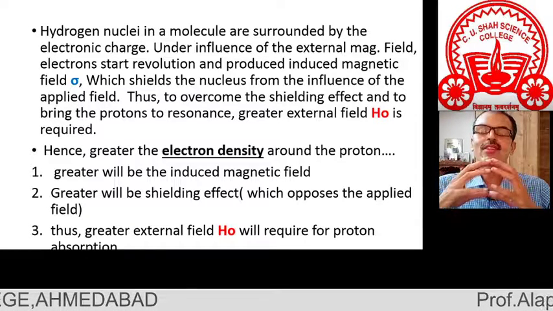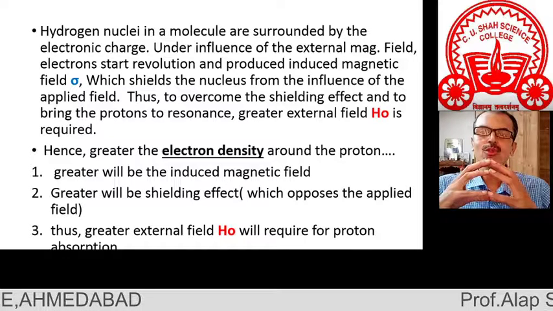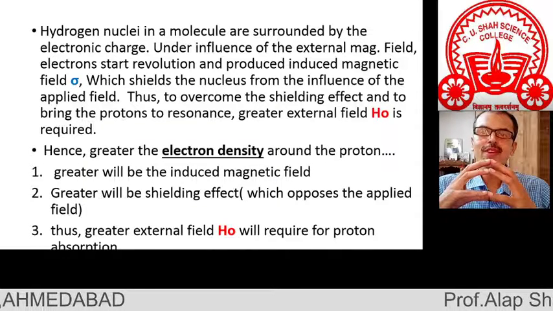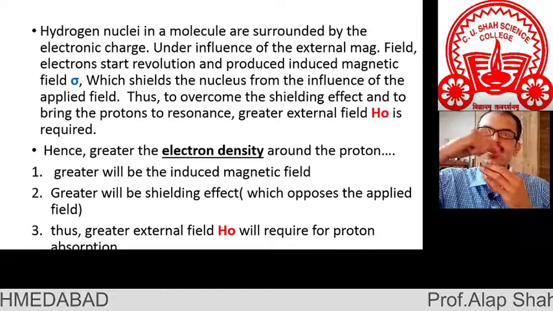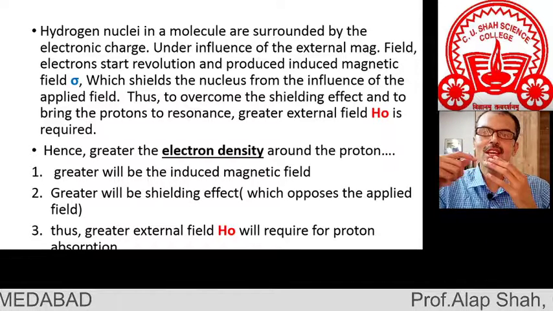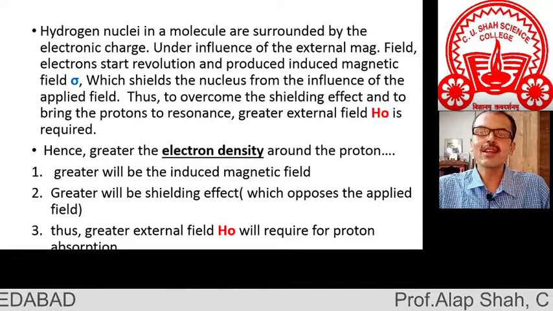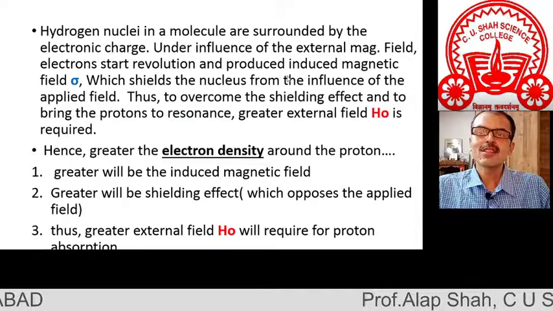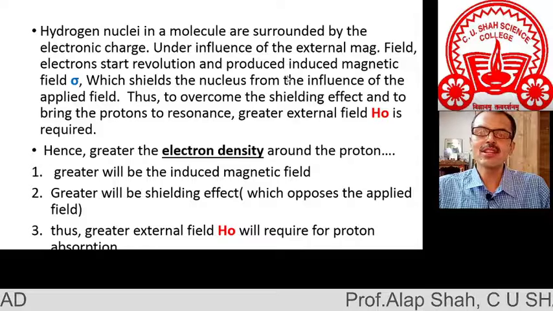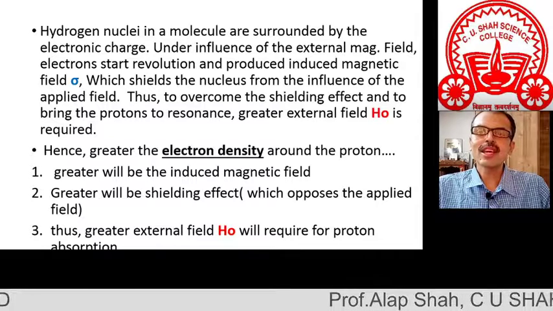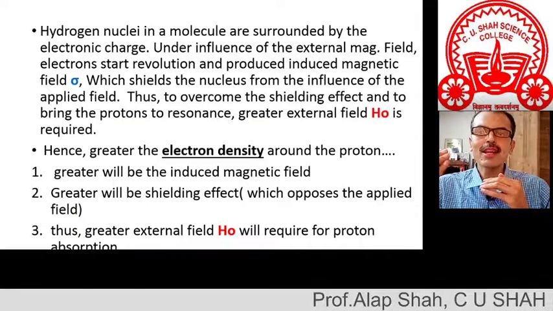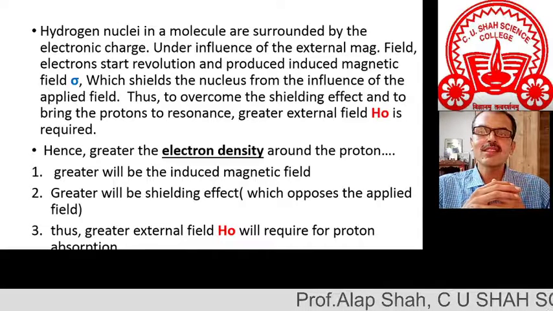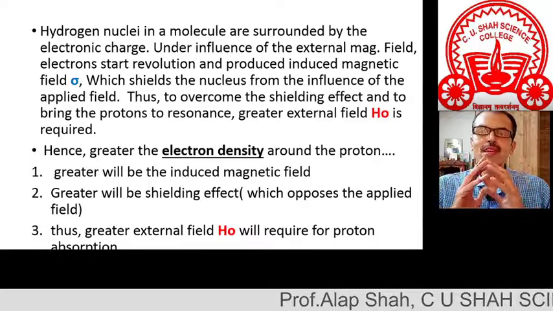Earlier we discussed that under the influence of an external magnetic field, electrons are also revolving and they produce a secondary magnetic field, which is called the induced magnetic field sigma. These magnetic fields are directional. Sometimes they can be parallel to the applied magnetic field, in which case they will reinforce it.